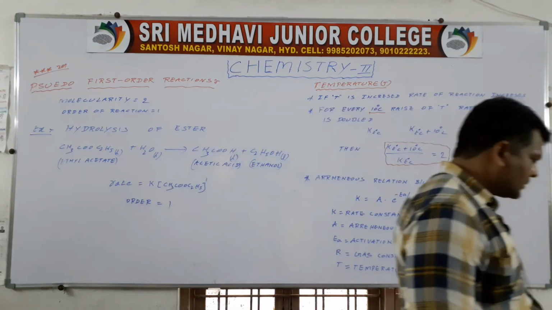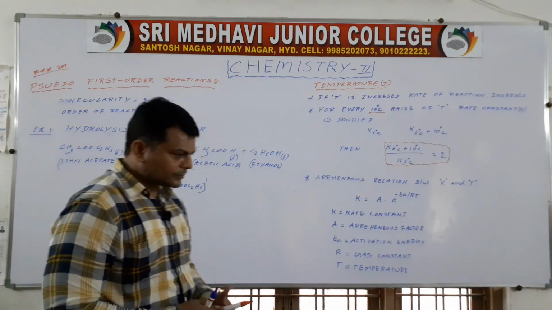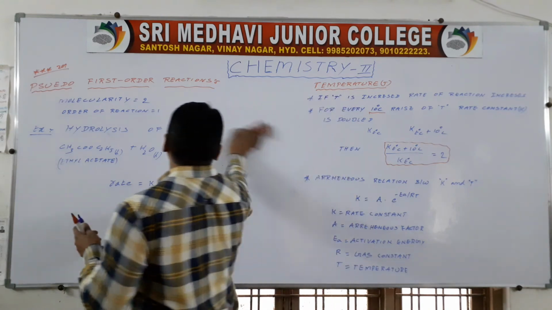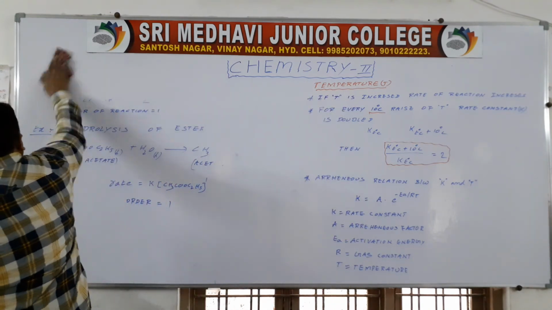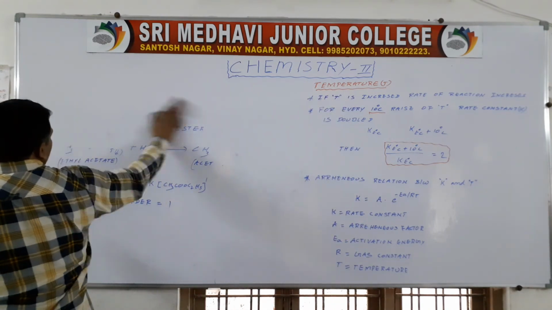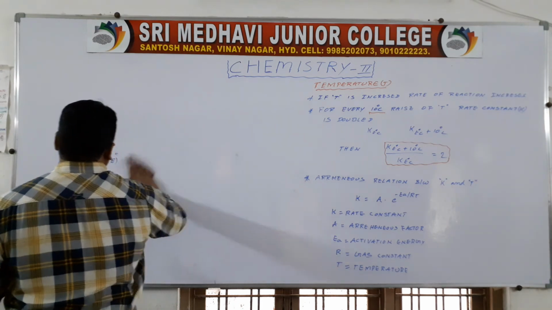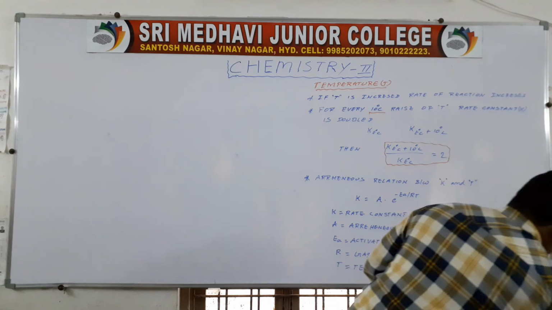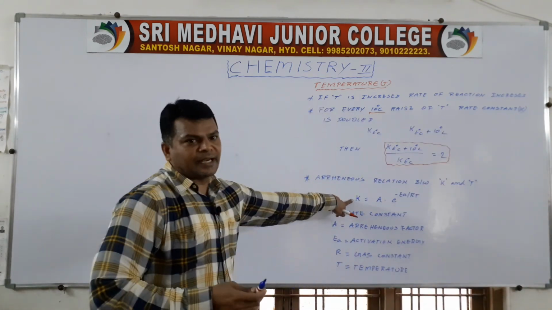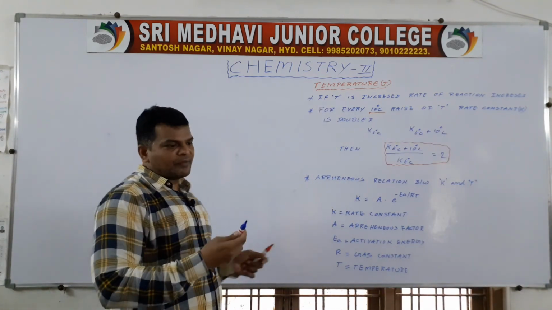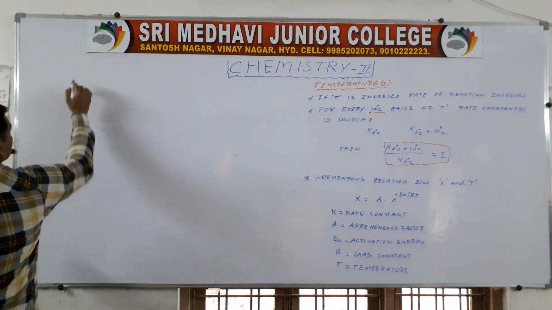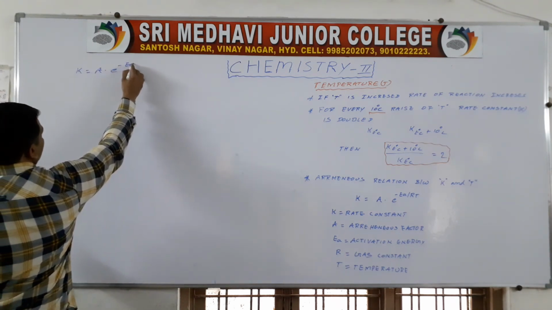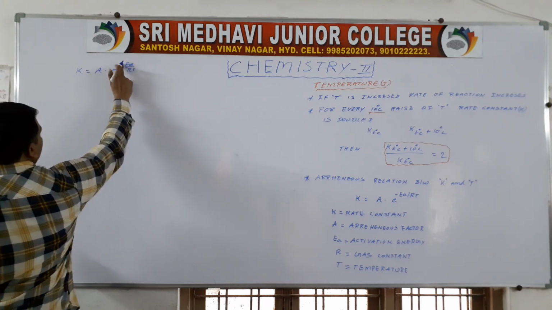Okay, and if two temperatures are given, then we are going to discuss how to find the rate constant. See here, I am simplifying this equation: K equals A into e to the power minus EA by RT.